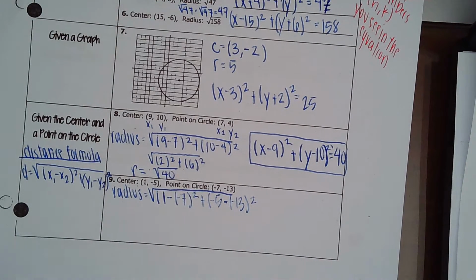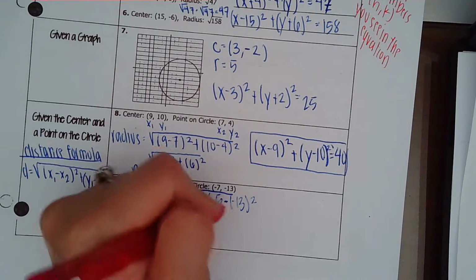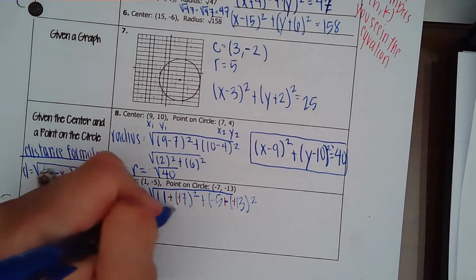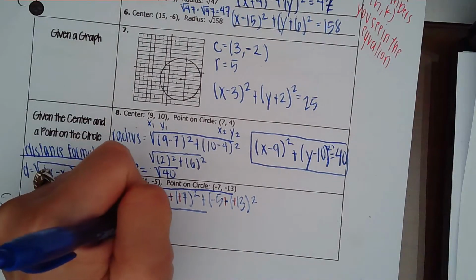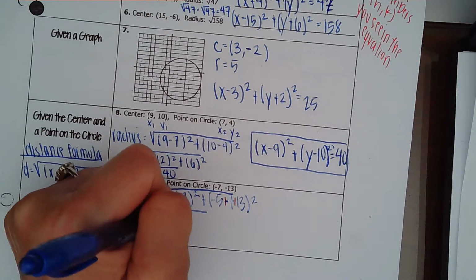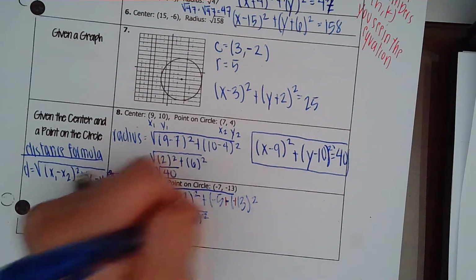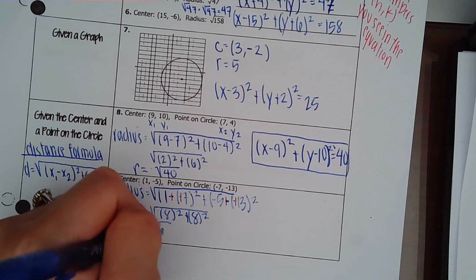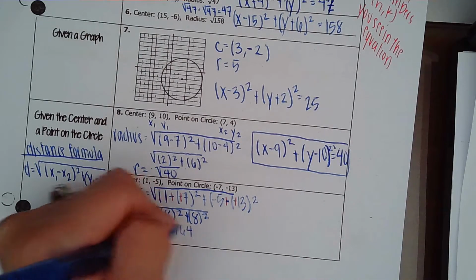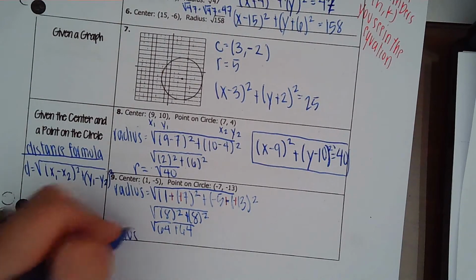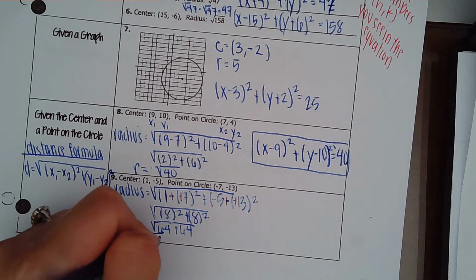All right, remember, when we have two negatives side by side like this, they become a positive. So what that ends up simplifying down to is 8 squared plus 8 squared, which is 64 plus 64, which your radius is then equal to rad 128.